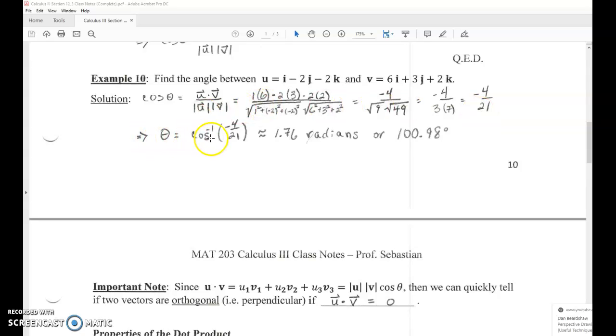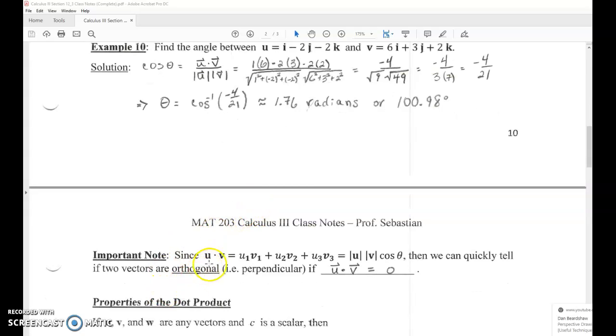So theta then is the inverse cosine of minus 4 over 21, which, we know, is in the second quadrant, right? Remember, for the inverse cosine to exist, it has to be between 0 and pi, or 0 and 180 degrees. So this comes out to be 1.76 radians if you have your calculator in radians mode, or 100.98 degrees if it's in degree mode, in the second quadrant, because we know the cosine is negative in the second quadrant.